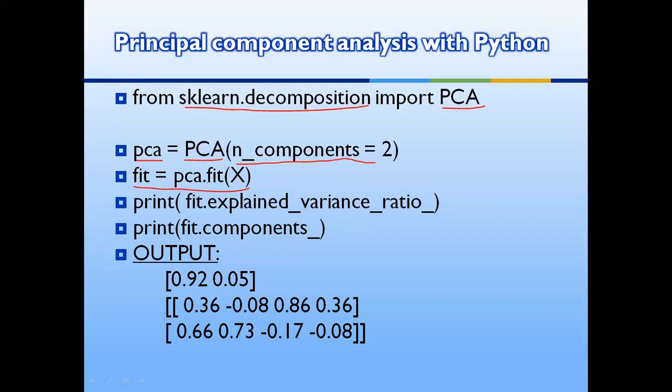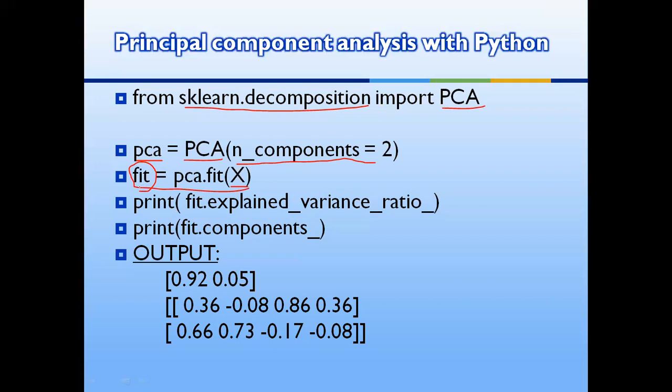This fit function will run the PCA algorithm on this data set X and will create the object of this method, which will have my final principal components, the eigenvalues and eigenvectors, right?